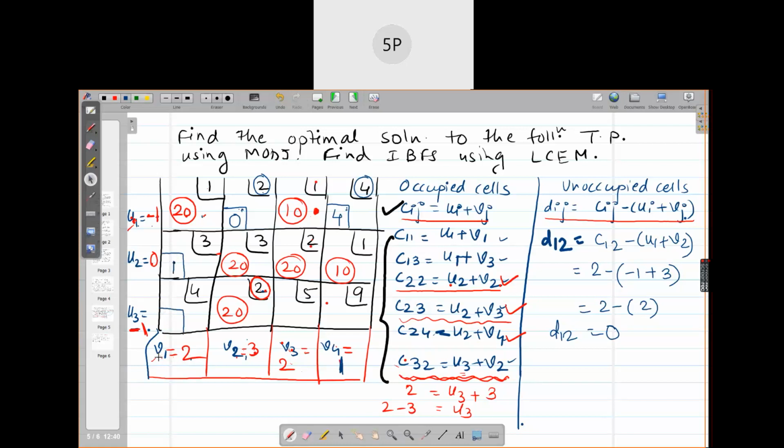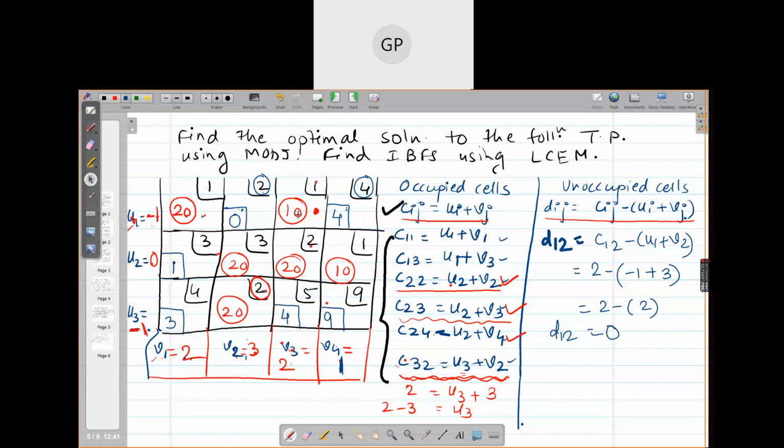Next answer: this is 2 minus 1 is 1, so 4 minus 1 is 3. Next, 4. And the next, 9. Have you understood this, girls?